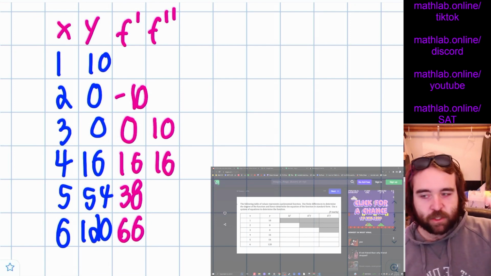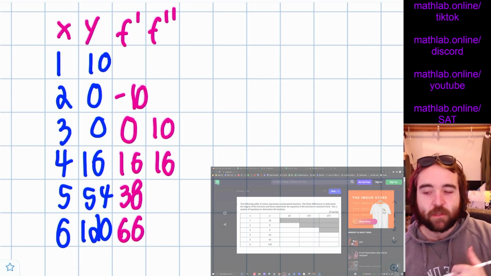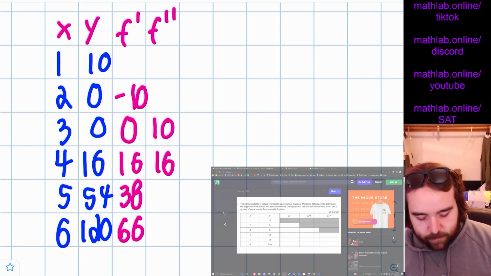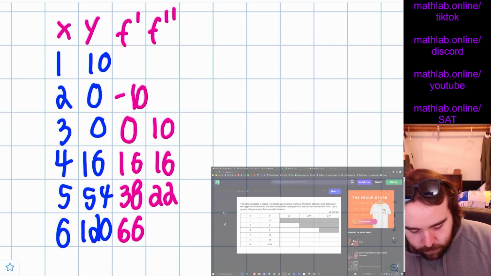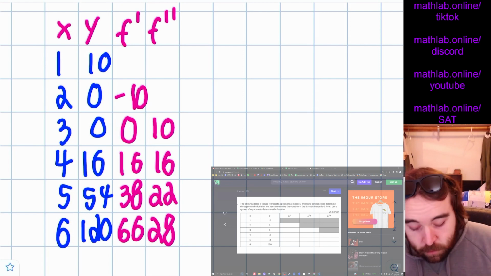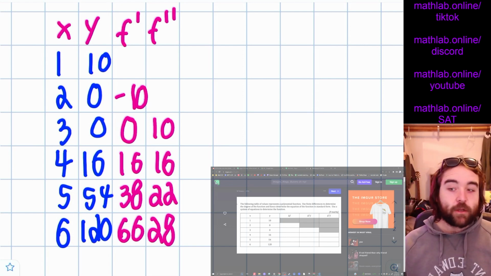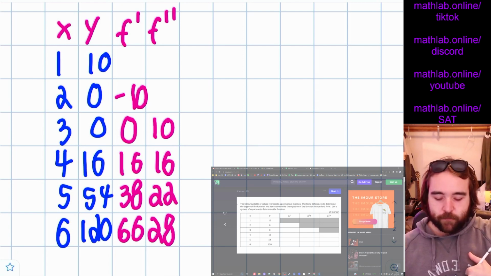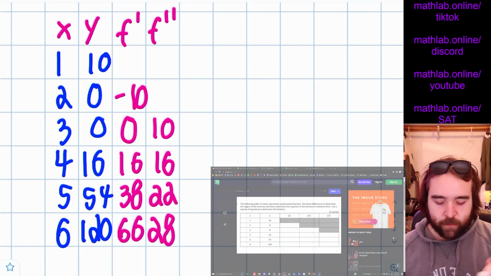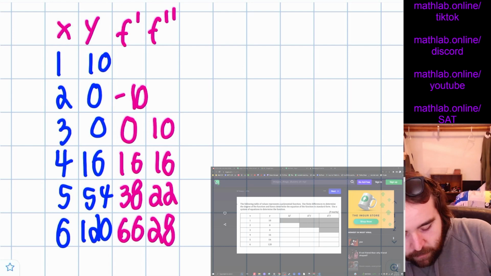So acceleration is just change in the slope, change in the speed. So we're just looking at how the speed goes up now. And then 16 to 38 goes up by 22. 38 to 66 goes up by 28. And so if it was a second degree polynomial, the acceleration would be constant. But it's not, so we continue on to the third derivative.